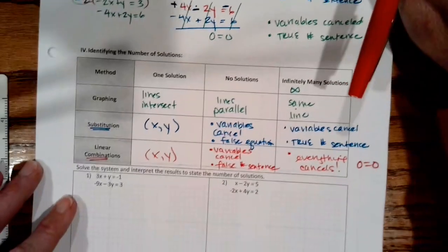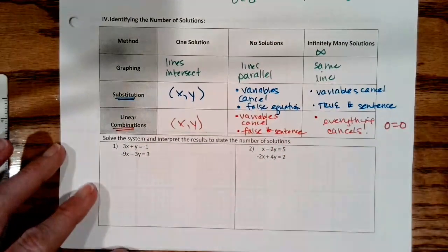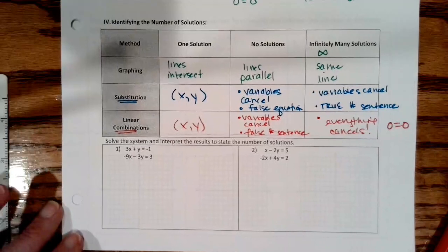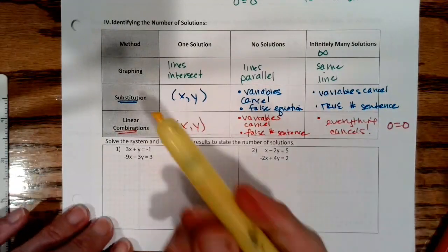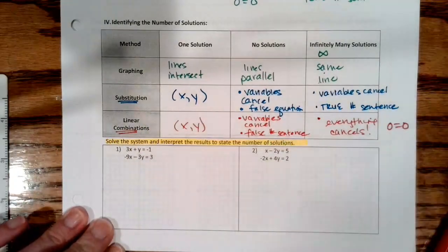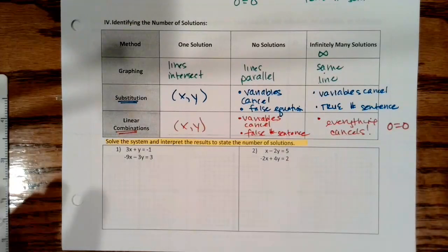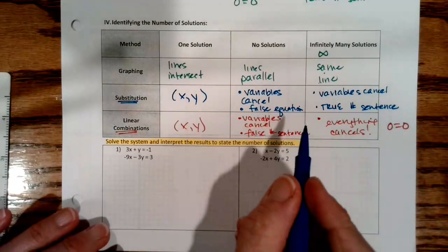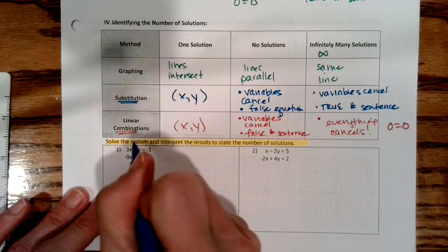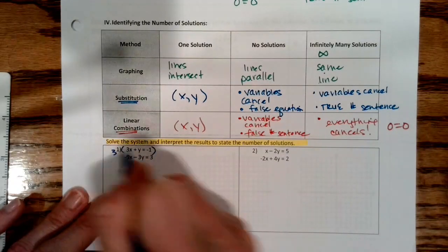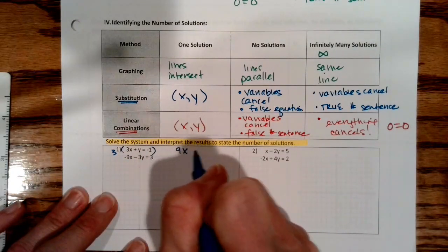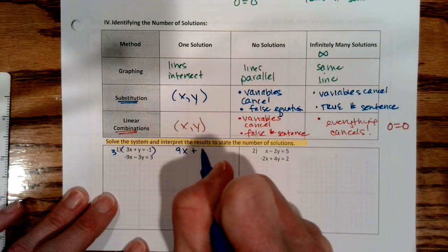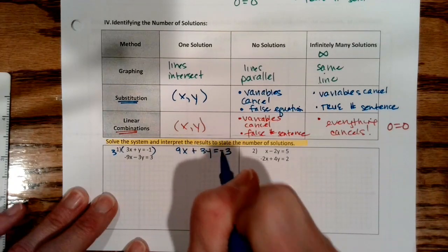Alright, so looking at this last part of this page, solve the system and interpret the results. So when we solve the system and interpret the results, we need to let everybody know what happens. You can suspect some of these are going to be a little weird. Let's go ahead and multiply this by 3. And I get 9x plus 3y is equal to negative 3.